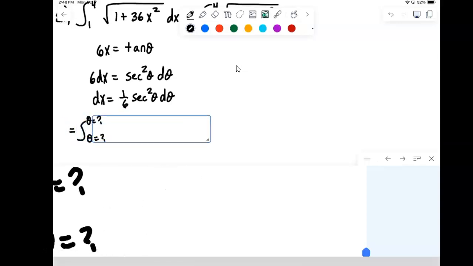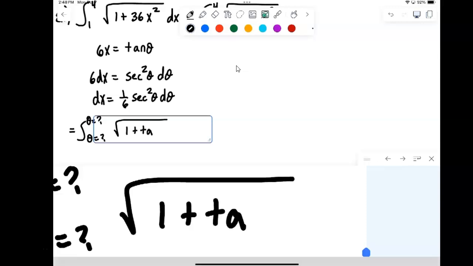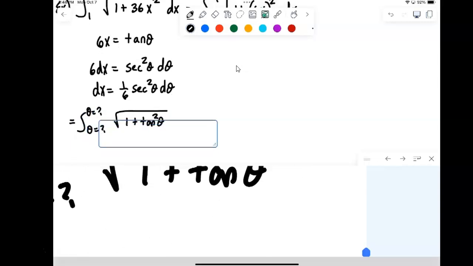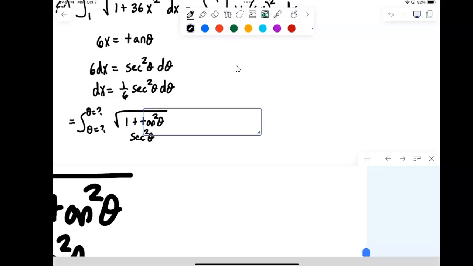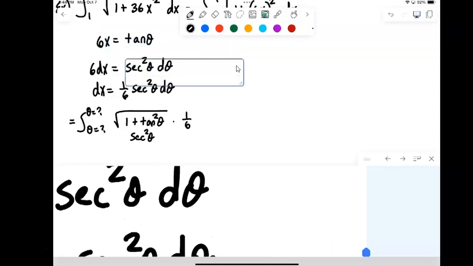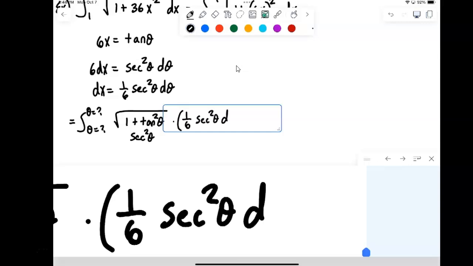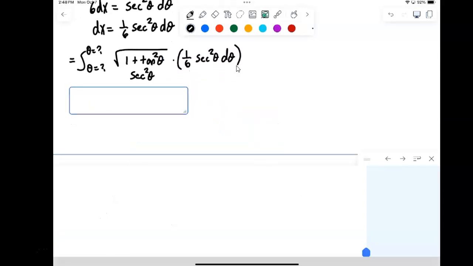I don't know what it's going to be. This is going to be the square root of 1 plus tangent squared. 1 plus tangent squared is secant squared. And then on the outside I have 1/6 times the derivative of tangent, which is secant squared theta d theta.